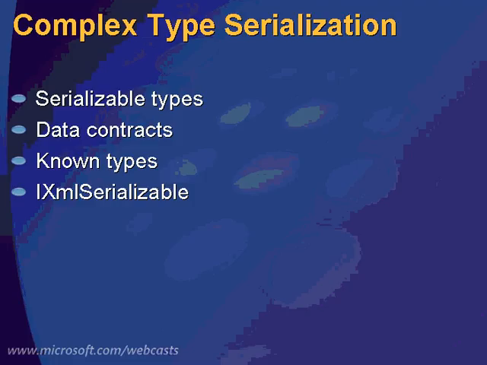And then we've got our data contracts, which are actually the way WCF prefers to expose complex types. And then we have the issue of how do I handle polymorphic types, where I might want to use a base type that has possibly several representations that are derived, and I can do that using something called known types. And then we've got the issue where we've got a schema granted to us, possibly, or data types that we cannot make serializable, and I just want to control serialization, and I can do that with IXmlSerializable. So I'm going to go through each of these things now.